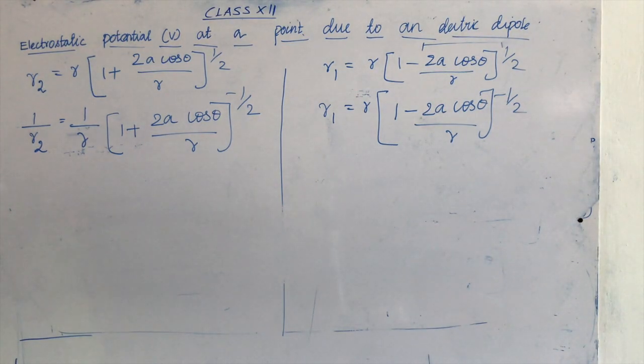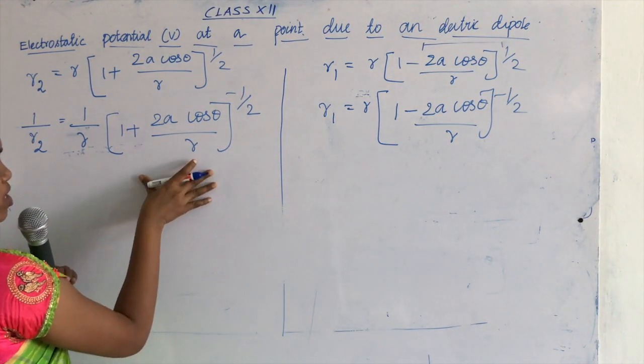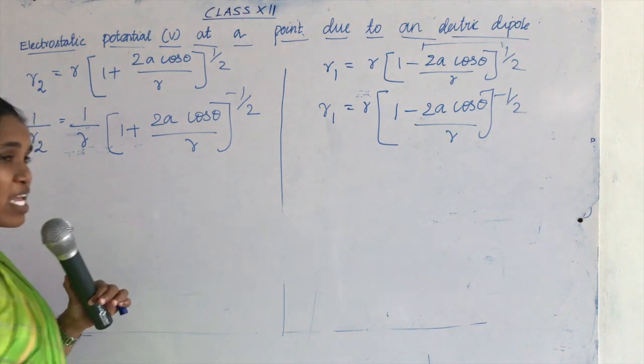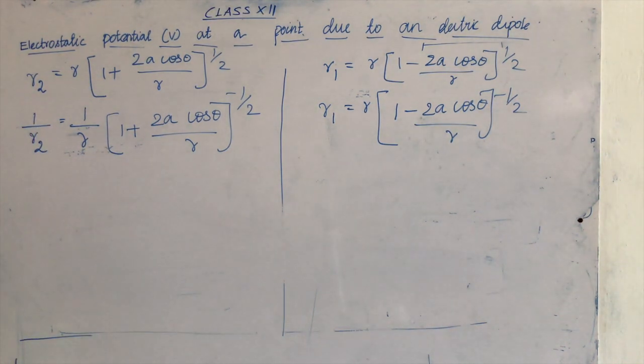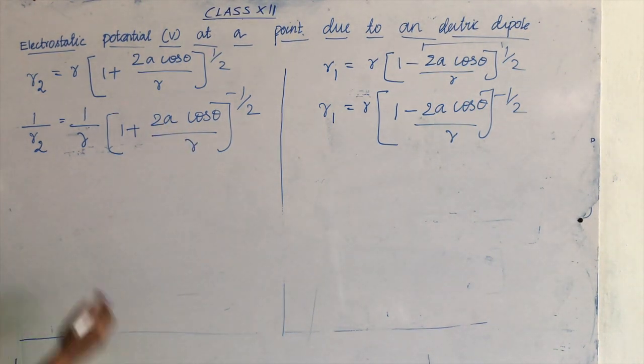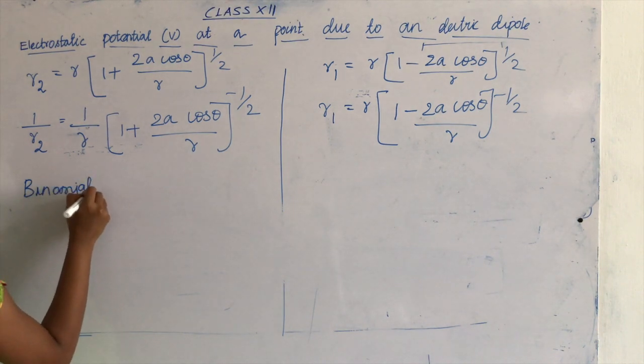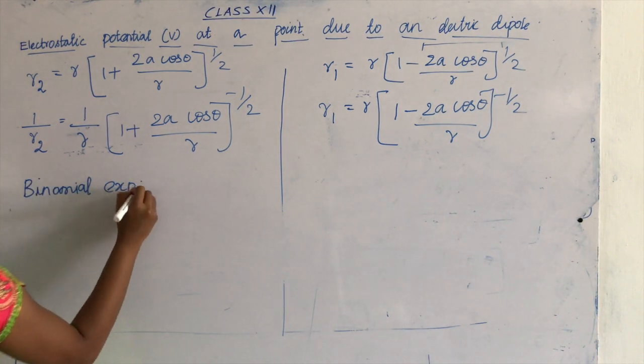Now we have to solve this power minus 1 by 2. It is in the form of a binomial expression, so we are going to derive it by the binomial formula. What is the binomial expression?